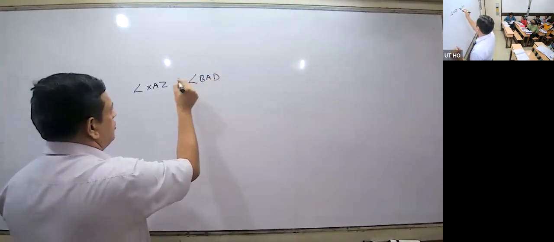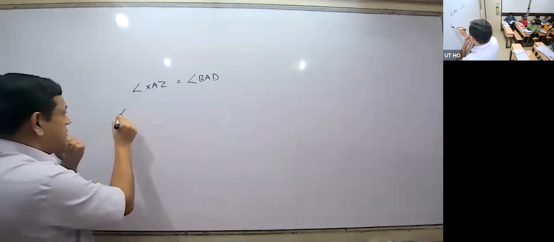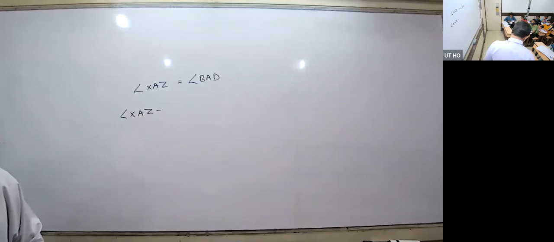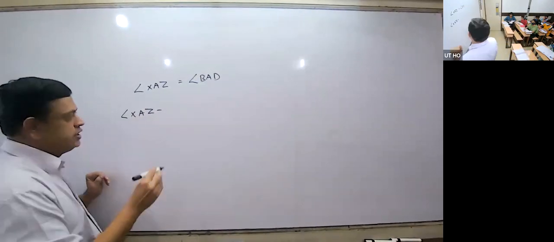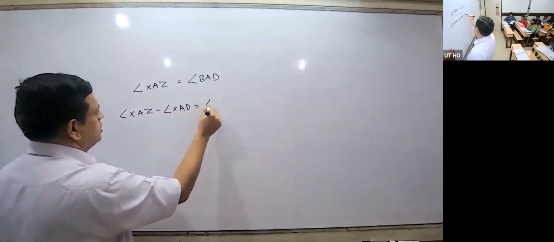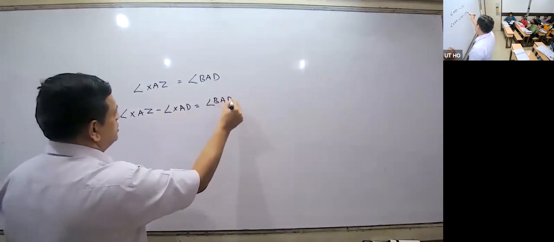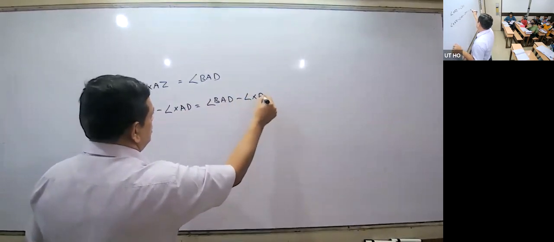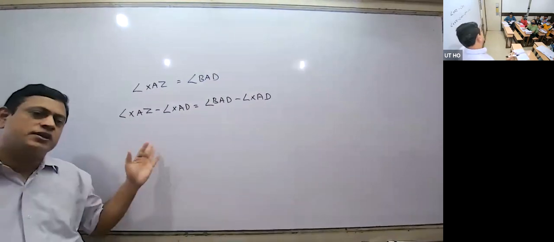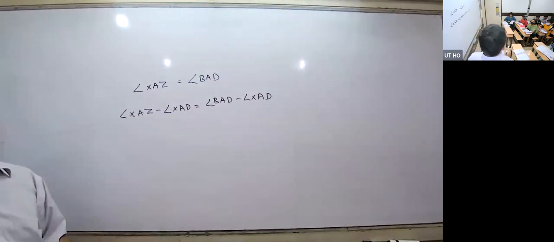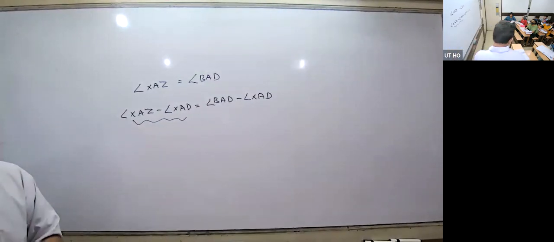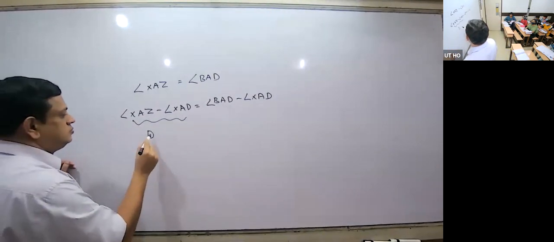Then angle XAZ minus angle XAD is equal to angle BAD minus angle XAD. I removed XAD from both sides. Now check in the figure: XAZ minus XAD is equal to DAZ or not? Yes, DAZ.